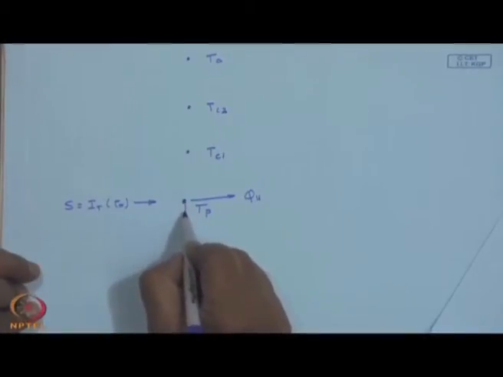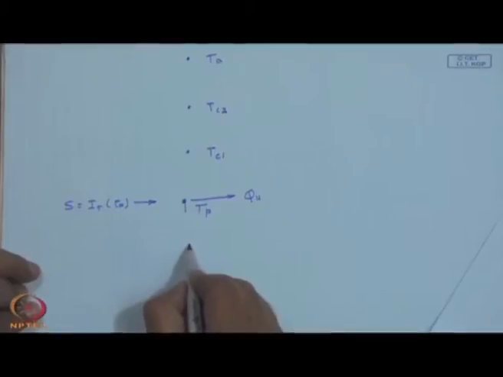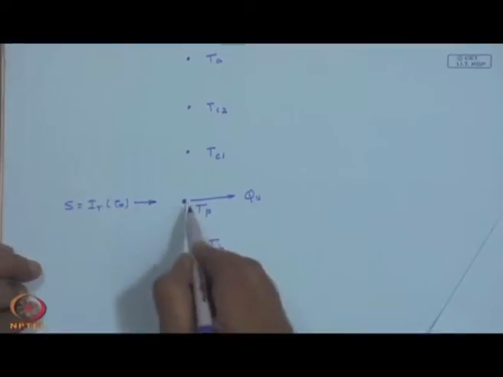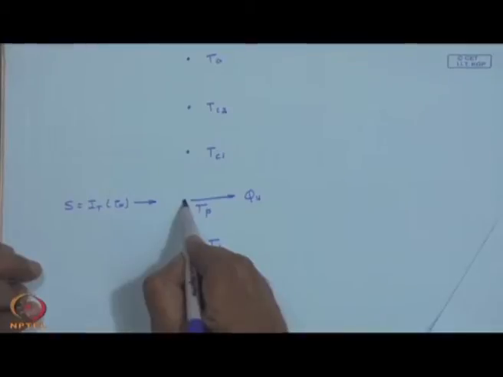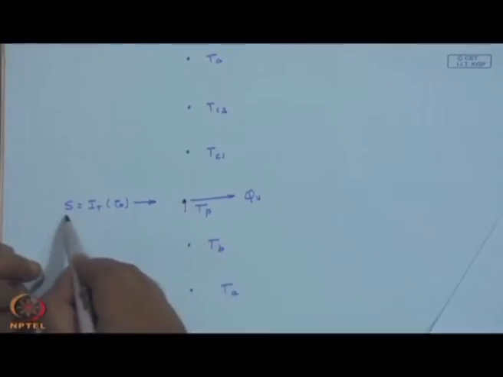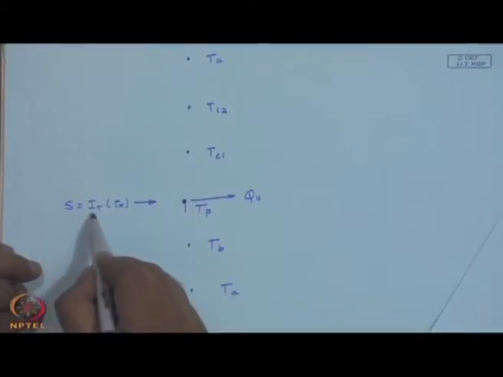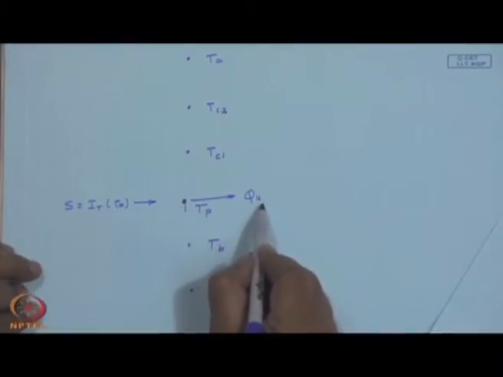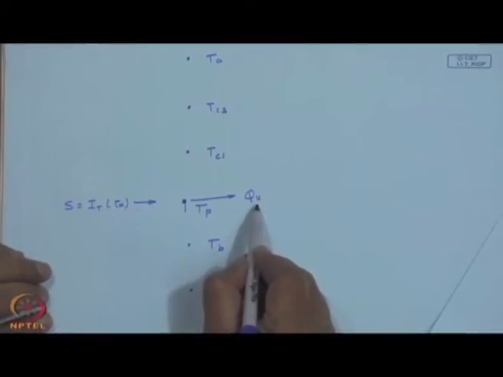Then again I may have a temperature of T b at the back of the collector, then again a T a. So, now the picture is the absorber is at a plate temperature of T p and incoming absorbed radiation S equal to I T tau alpha falls on that, and the useful energy gain that you obtain will be Q u. Now, the rest of it is losses.